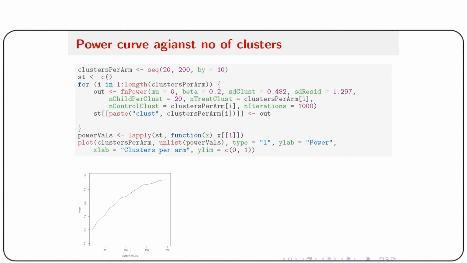I just tried to avoid the longer execution of the function, so I deliberately chose a longer interval: 20, 30, 40, 50 like this. Then I use a for loop for i equals 1 to the length of cluster per arm, call the function and store the result in the out variable.